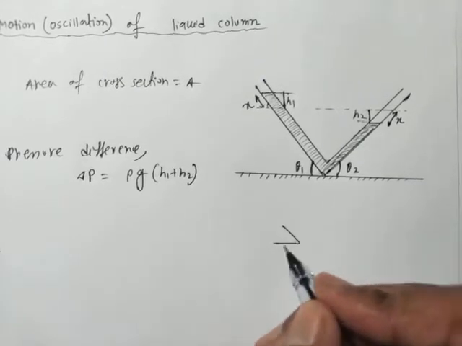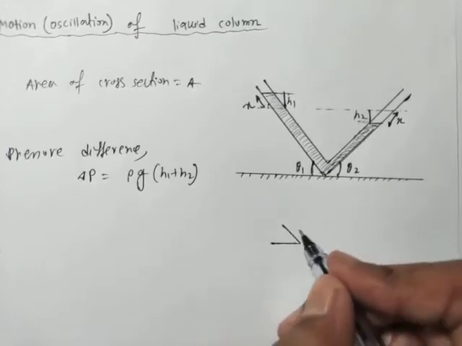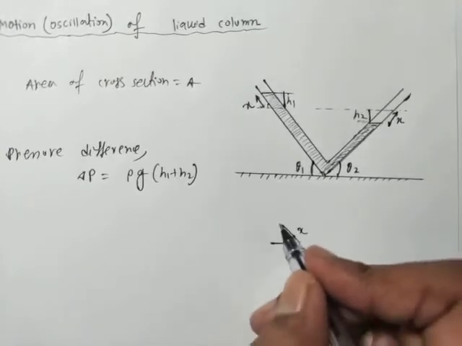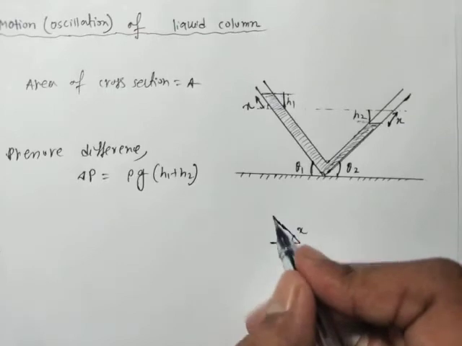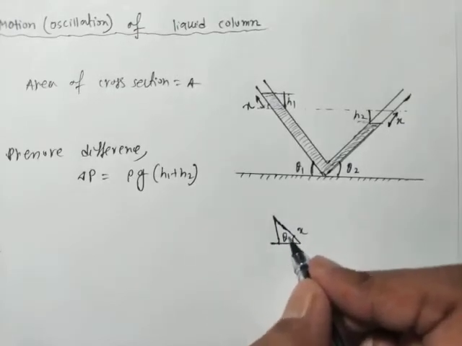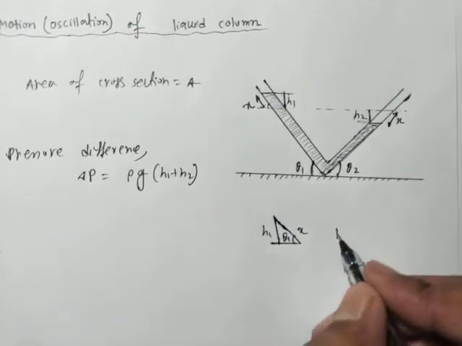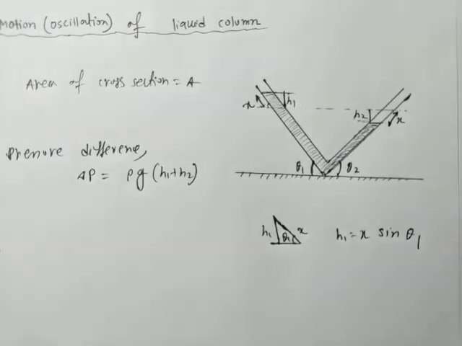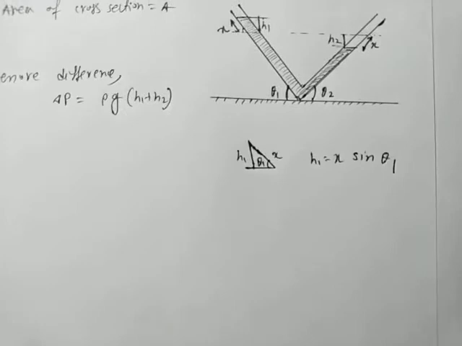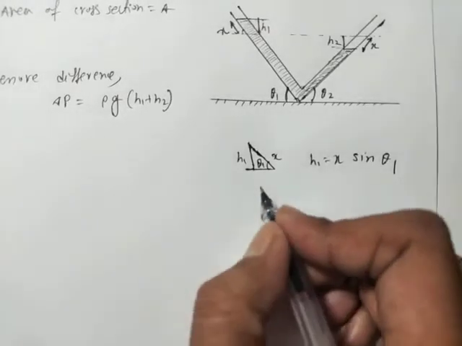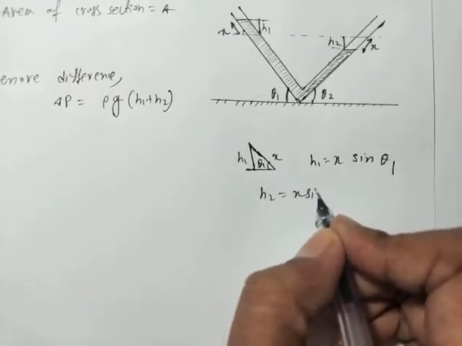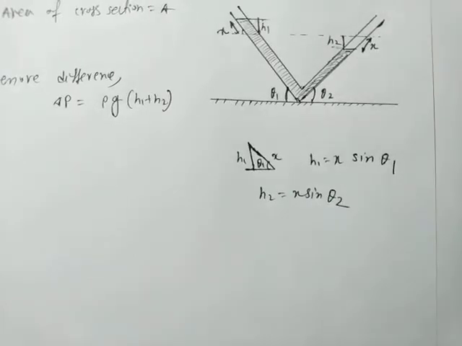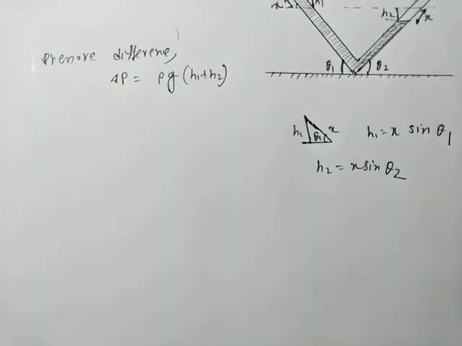So this is x and this is theta 1, and this is h1. So h1 will be x sin theta 1. Similarly we will get h2: h2 will be x sin theta 2.